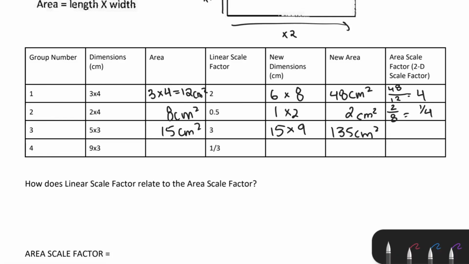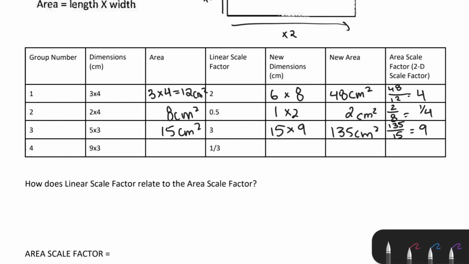If I'm thinking about my area scale factor, that scale factor formula is still the same. It's still that new value divided by old, or diagram divided by original or actual. And so I do 135 divided by 15, and I get 9.